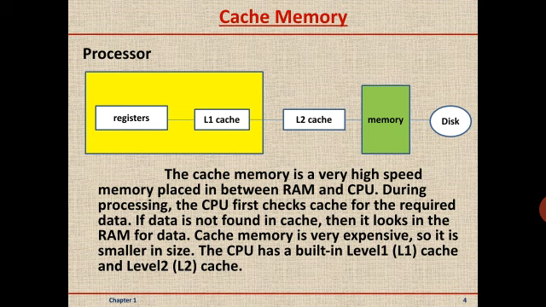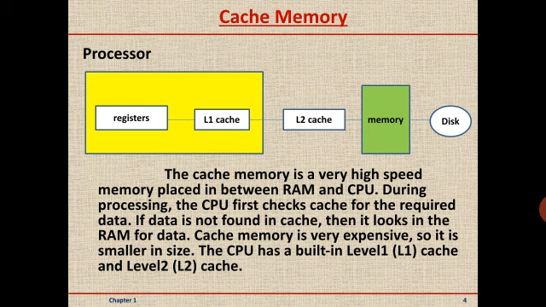The cache memory stores the data temporarily and makes it available to the CPU at a very fast rate. Hence, it is used to increase the speed for the processing. During the processing, the CPU first checks cache for the required data. If the data is not found in cache memory, then it looks for the RAM.